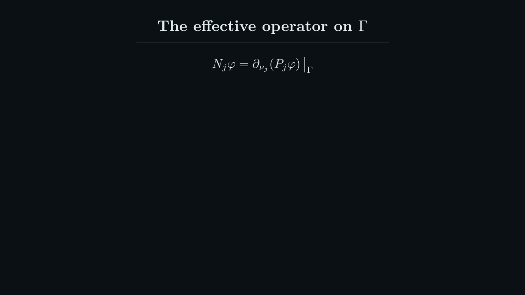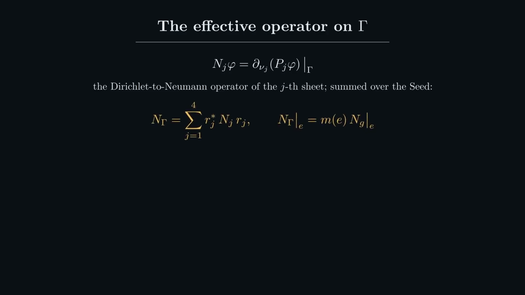So the effective operator on gamma: we want DtN operators on the jth sheet. Then we're going to sum over the seed.